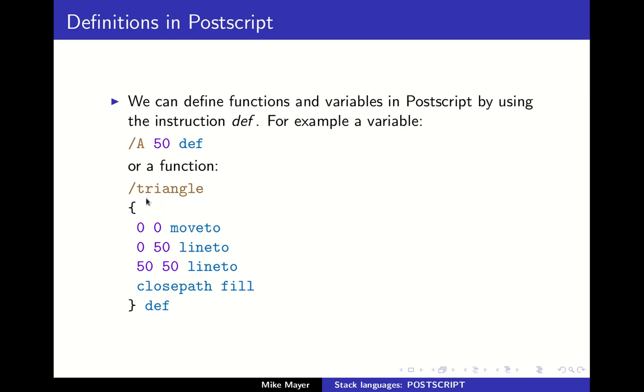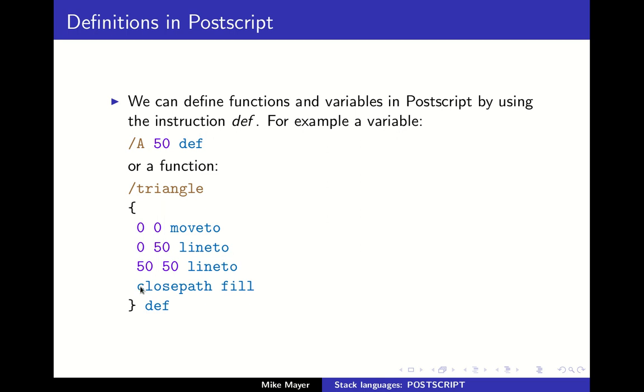Also we can define whole functions. Here, for example, we say /triangle. So this is a new word introduced, a new function name or a new variable name introduced to PostScript by using this slash here, and then we have here the curly brackets that indicate everything that should belong to this triangle function.